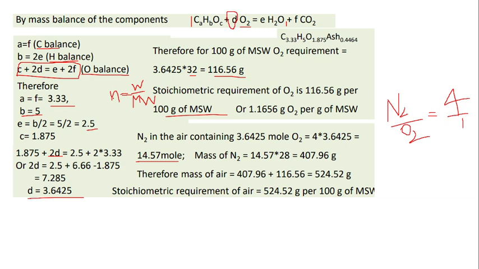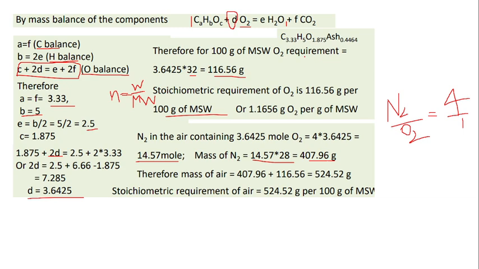This is the mole of nitrogen. To find the mass, multiply the moles with the molecular weight. Molecular weight of nitrogen is 14 into 2, 28. So 14.57 into 28 gives 407.96 gram. This is the mass of the nitrogen. So air is comprised of nitrogen and oxygen.